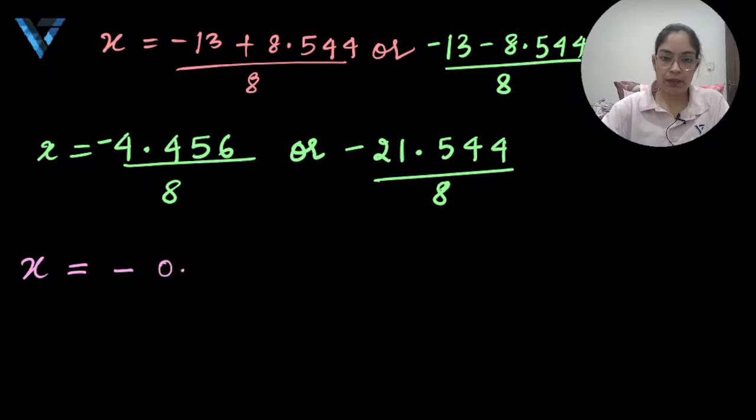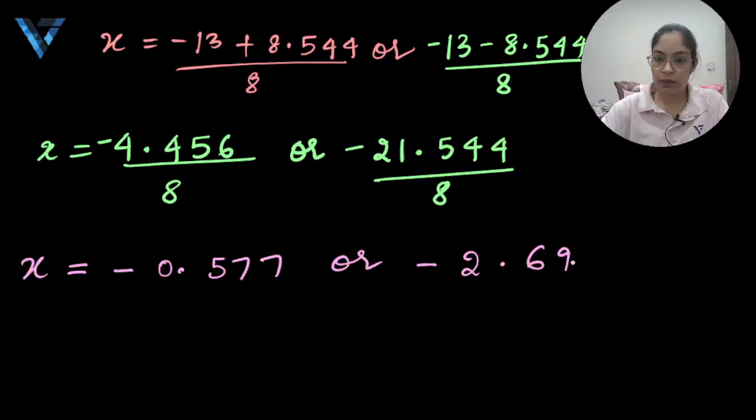So minus 0.577, or here minus 2.693. So the answers are minus 0.577 and minus 2.693. Okay, now the answer should be up to 2 decimal places.